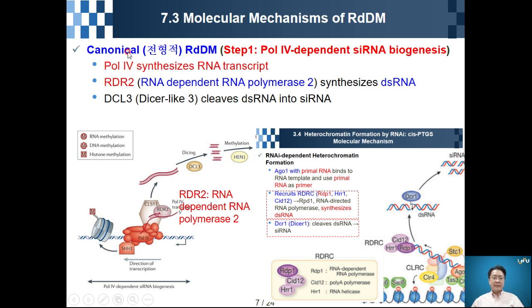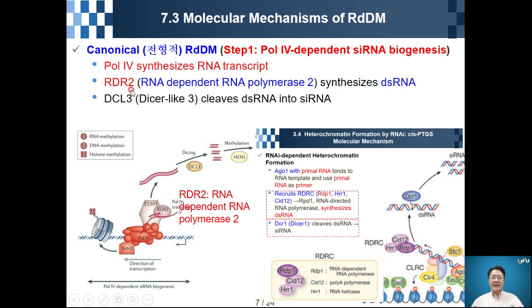How about in canonical RdDM? In canonical RdDM, RNA polymerase 4 synthesizes the RNA transcript. Then RDR2, whose full name is RNA-dependent RNA polymerase 2, works on this RNA to make the double-stranded RNA.